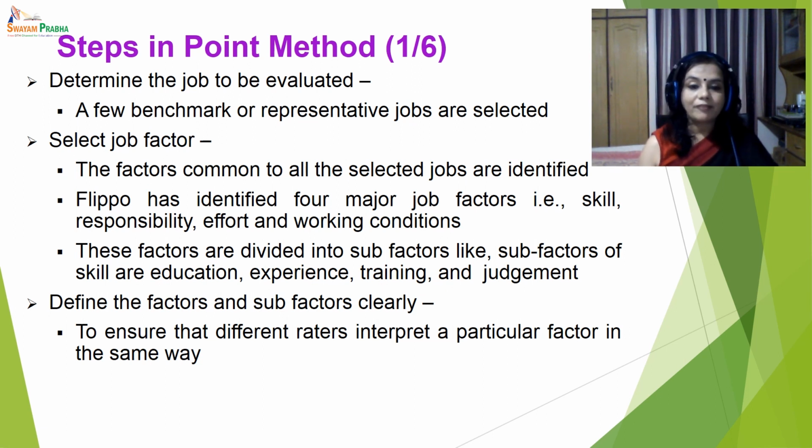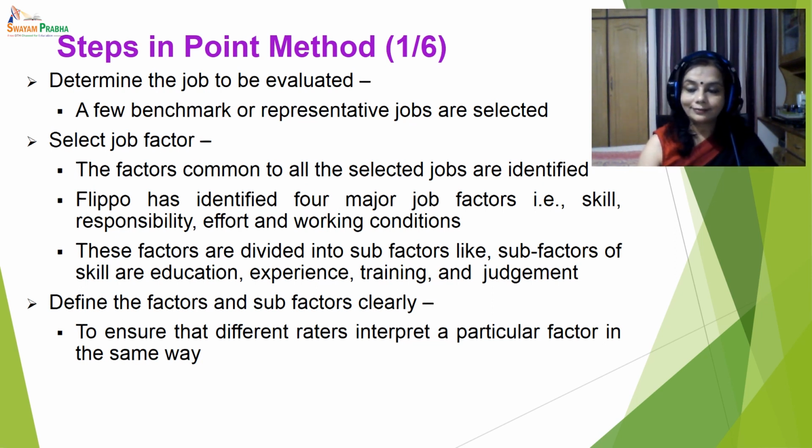Like, for example, skill can be further subdivided into sub-factors: education, experience, training and judgment. Define the factors and sub-factors clearly. This has to be done to ensure that different raters interpret a particular factor in the same way.